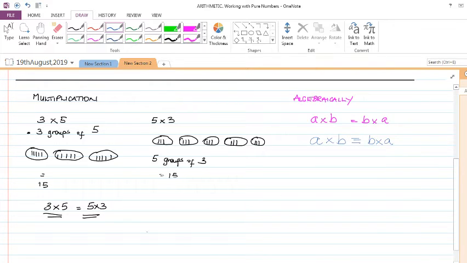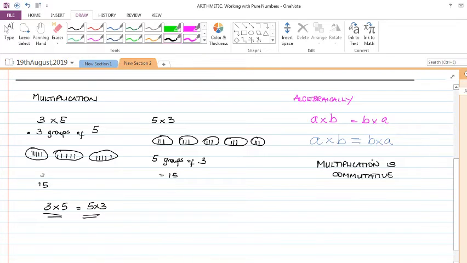So we say that multiplication is commutative.